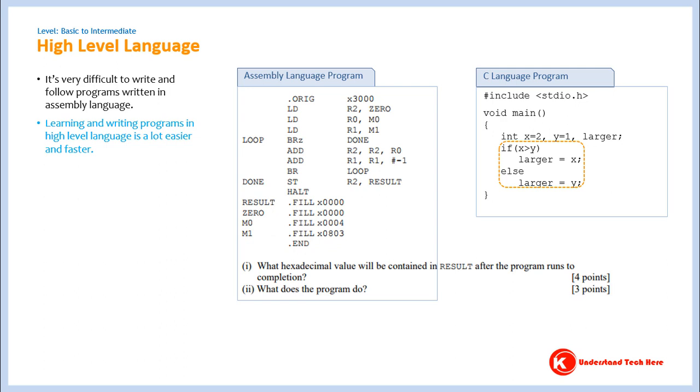It also allows us to write things in somewhat the way we write in mathematics. This makes learning and writing programs in high-level language a lot easier and faster. Nowadays, almost all programs are written in high-level languages.